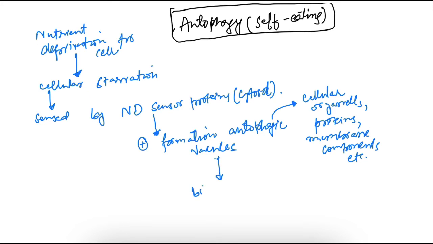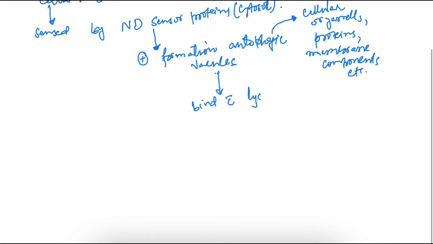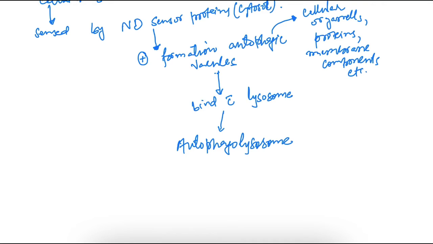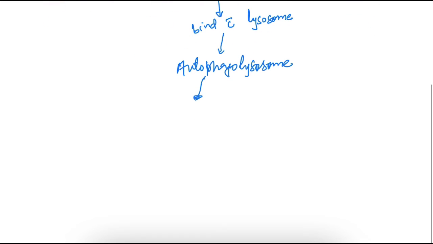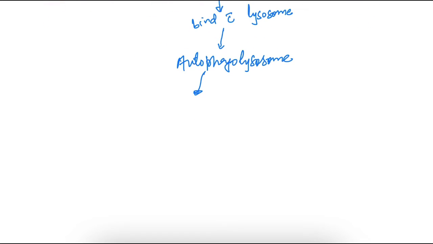Then this autophagic vacuole combines with the lysosomes of the cytosol, and this binding with the lysosome leads to the formation of a complex known as the autophagolysosome. As the lysosome gets connected with this vacuole, it pours its lysosomal enzymes, that are lytic enzymes, into this vacuole.